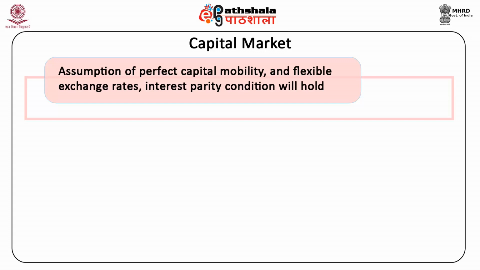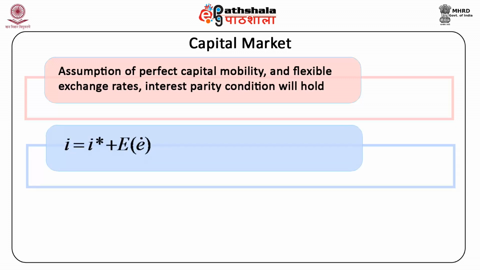Thus, the equation for interest parity or capital market equilibrium is as follows: i = i* + E[e dot], where i is the domestic rate of interest, i* is the world rate of interest, E is the domestic price of foreign currency or the exchange rate, and e dot is the change in the domestic price of foreign currency or the depreciation of the exchange rate.